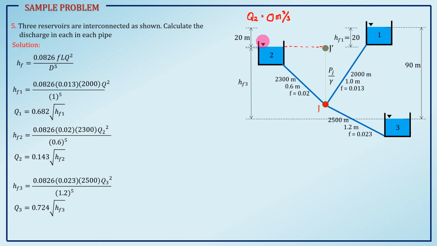So, let's solve for Q1. Here, our HF3 we can also solve. That is the elevation of J prime minus this. So, that is 70, from the givens. So, 90 minus 20, 70 meters.